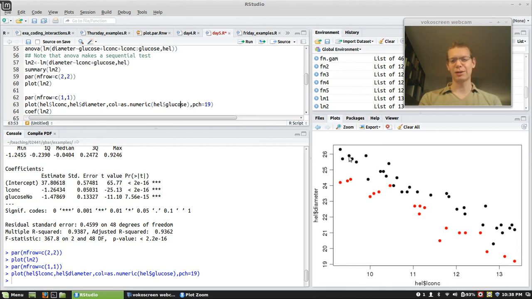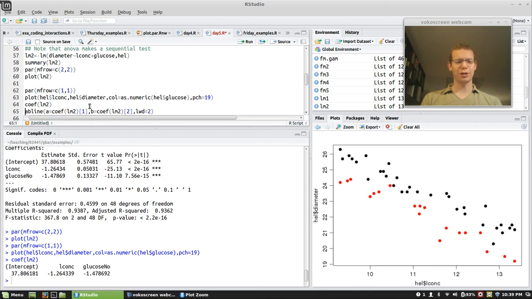So black means plus glucose and red means minus glucose. And the coefficients from my model are these. So what we have here is the intercept when glucose is yes, because that is the reference, and then we have the slope, and then we have the change in intercept when glucose is removed.